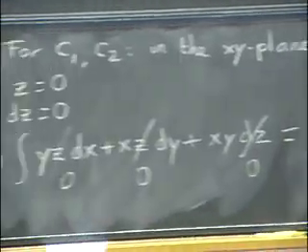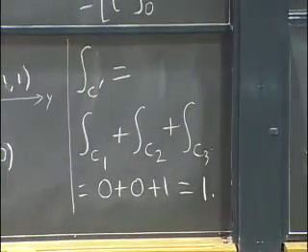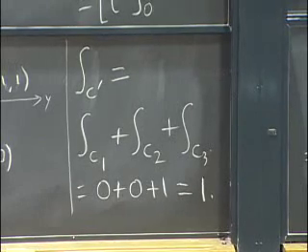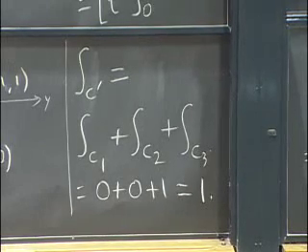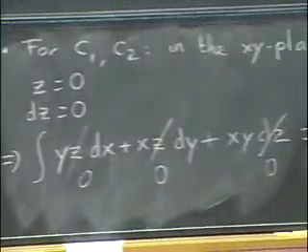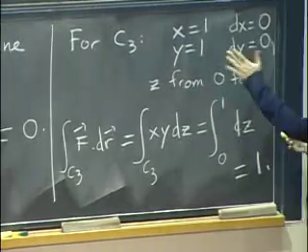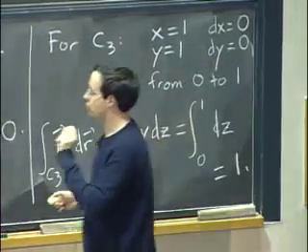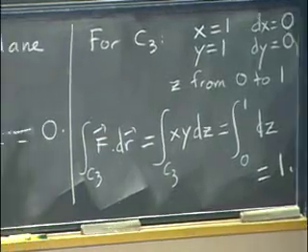I get 1 again. And of course, it's not a coincidence, because this vector field actually is a gradient field. I'm sure some of you have already figured out what it's the gradient of. Otherwise, we'll figure it out together. And so that's why we get the same answer for these 2 paths going both from the origin to 1, 1, 1.